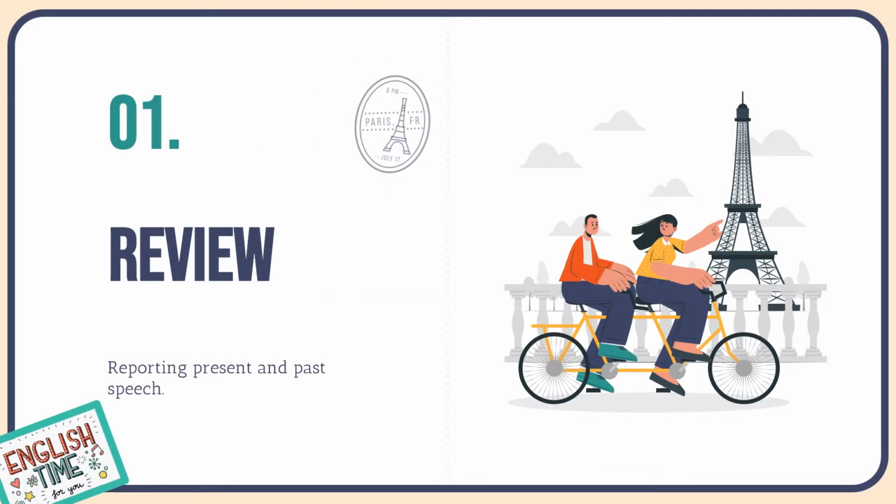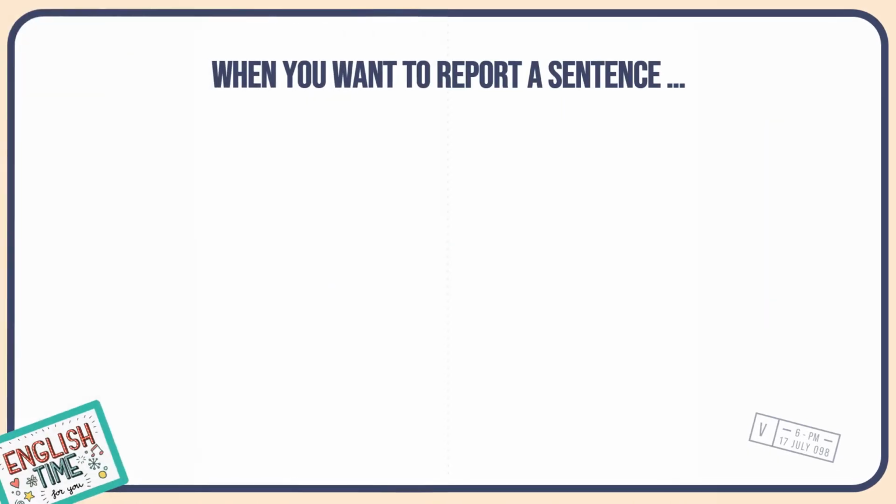First of all, let's review and recap our lessons in this unit. So far, we have learned how to report sentences in the past and sentences in the present. When you want to report a sentence, the first thing that you need to do is to check the saying verb. Is it say, says, or said?